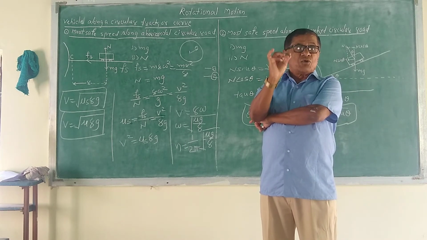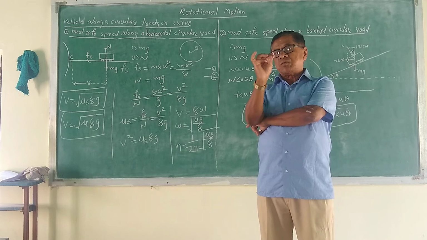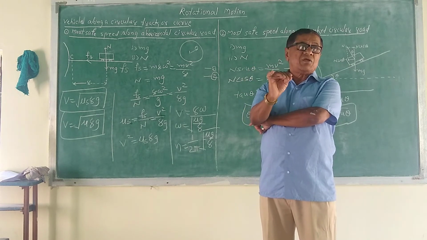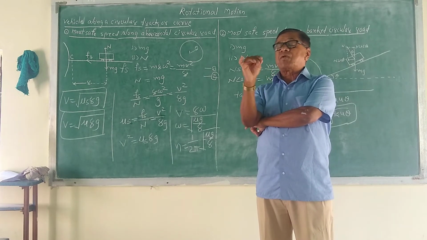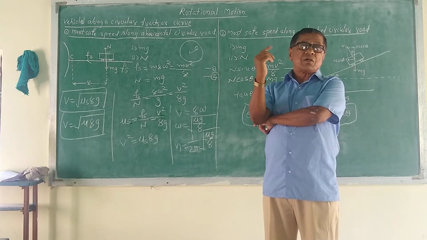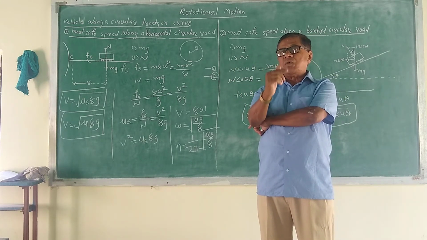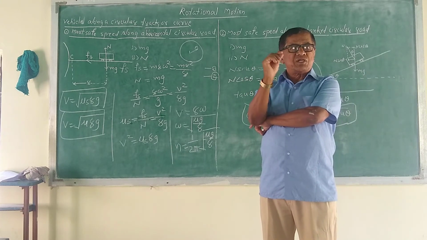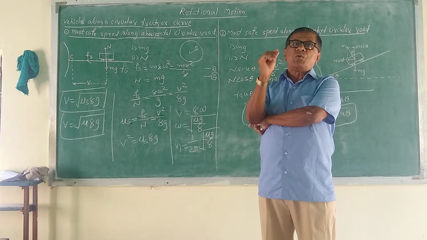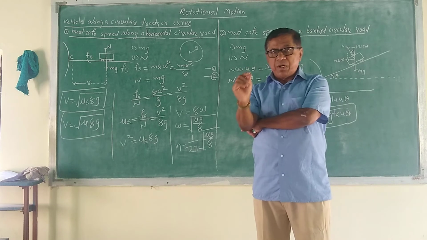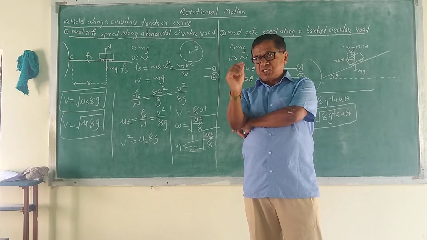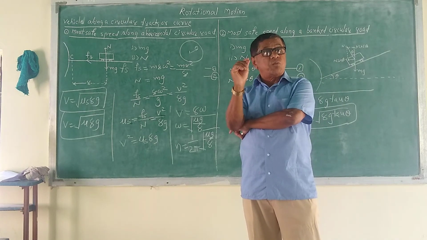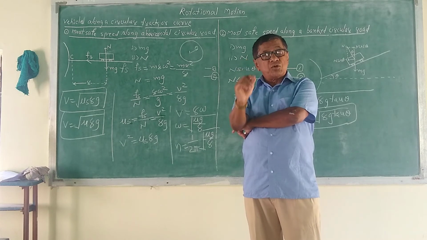Also the coefficient of static friction is different for different road surfaces. Also in the rainy season or when oil from the vehicles falls on the road surface, the force of friction changes. Therefore we can't totally depend on the force of friction to get the centripetal force, and therefore the roads are banked.